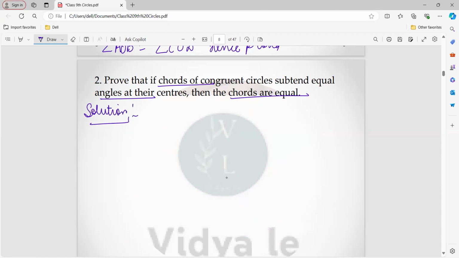What is given here? This time we are given that the two chords of a circle subtend equal angles at the center. And we need to prove that the chords are also equal. So let's take a circle. Okay. And we'll draw the chords. Suppose this is one chord.